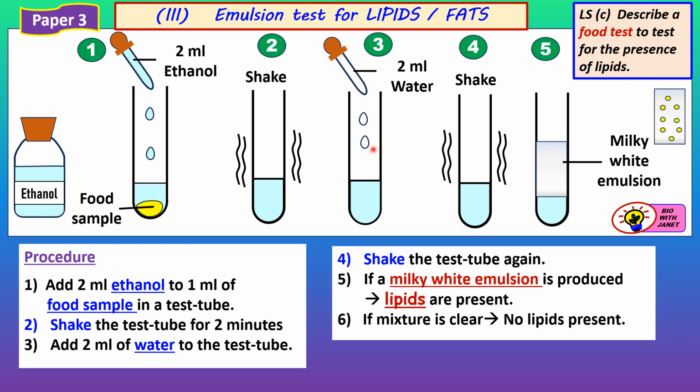So what happens is that the lipids will form very tiny droplets, and they will be suspended inside the water alcohol mixture here, dispersed and suspended like a suspension. This is called the milky white emulsion, to prove that lipids are present in the food sample.